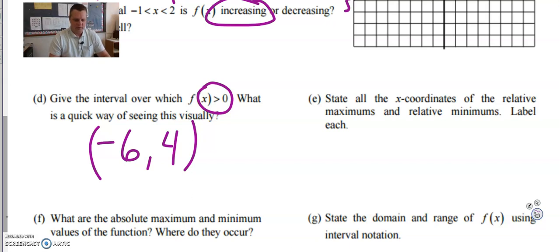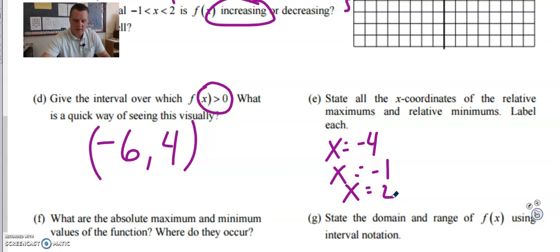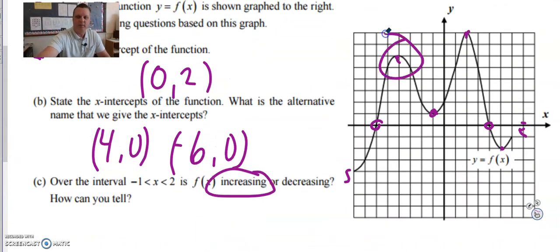So state all the x-coordinates. The x-coordinates were x equals negative 4, x equals negative 1, x equals 2, and x equals 5. So they're all relative. At x equals negative 4, the output is here.